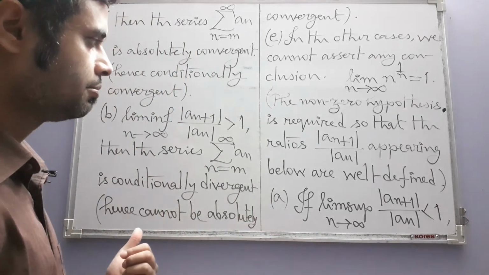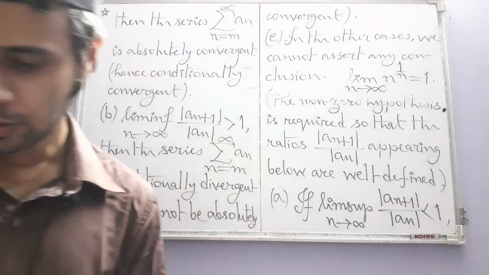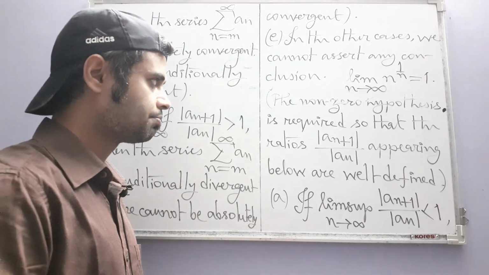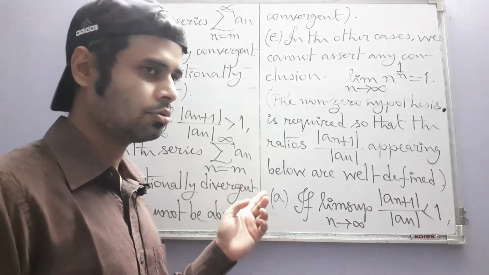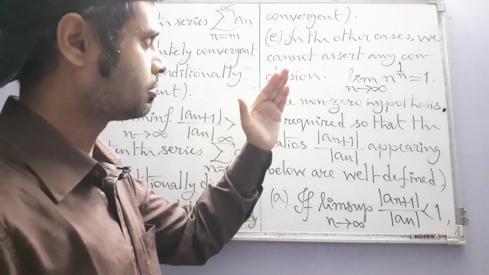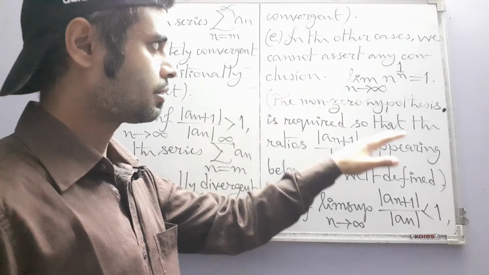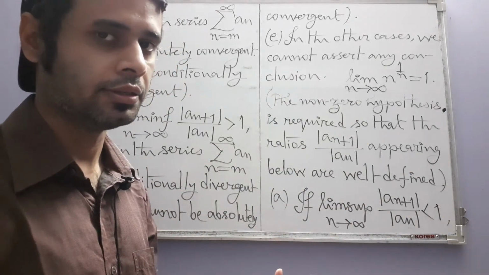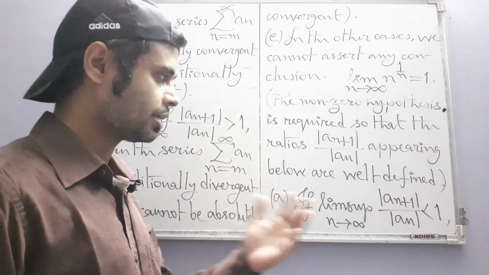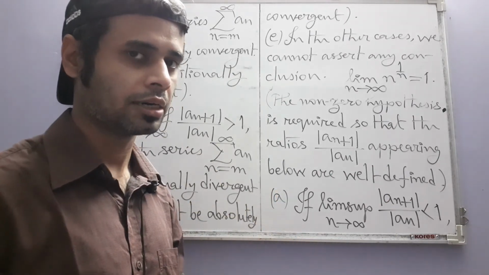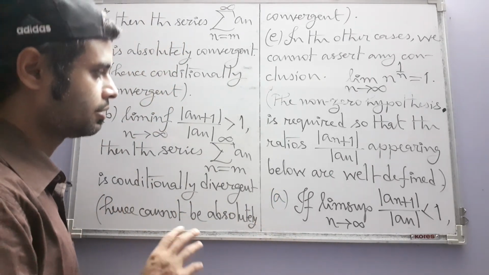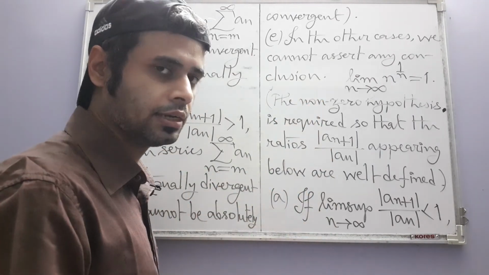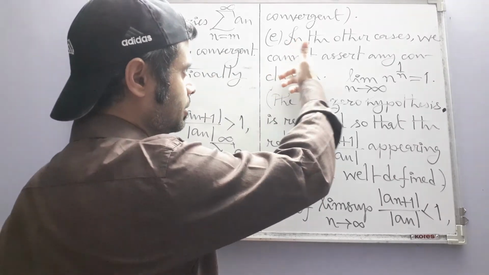And one more thing: you remember that while proving the root test also, and you can see here also, there is a third case where we cannot say anything. So we have to justify those remarks, that is, why we cannot say anything in these other cases.